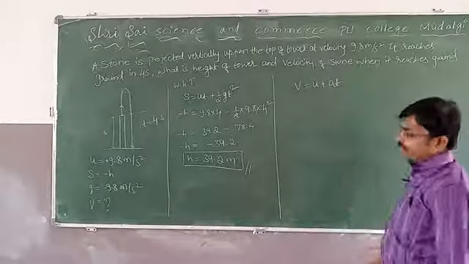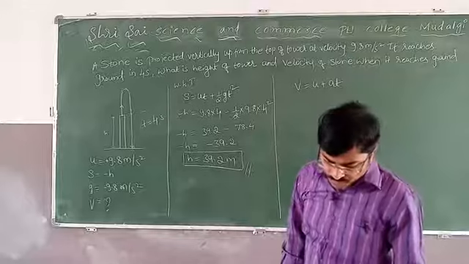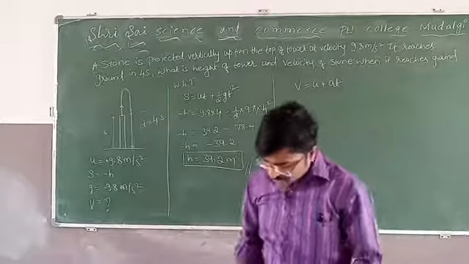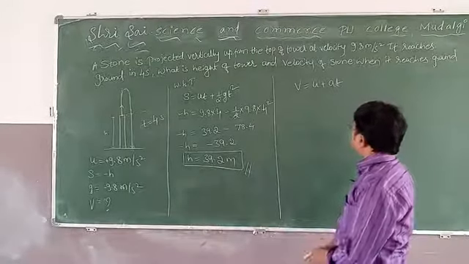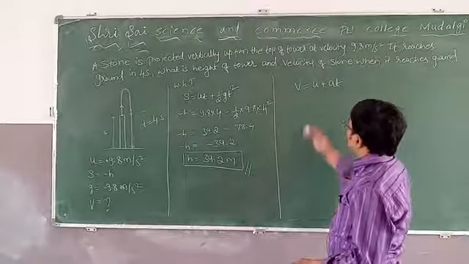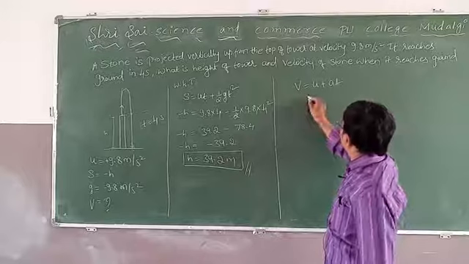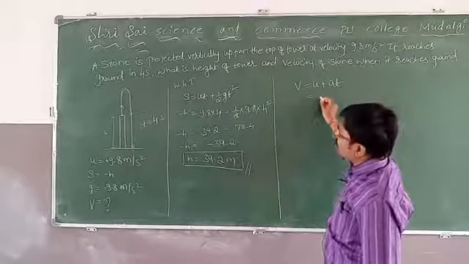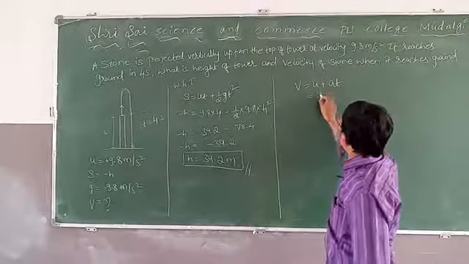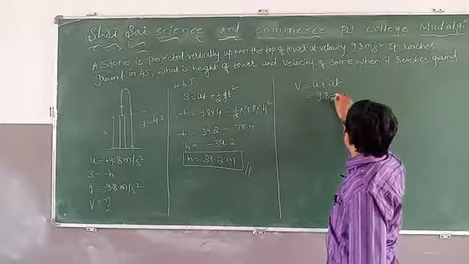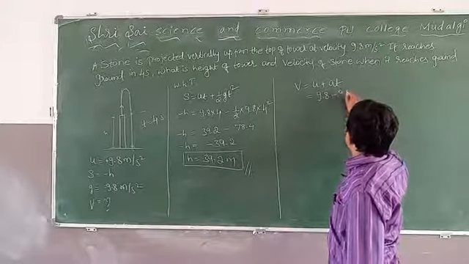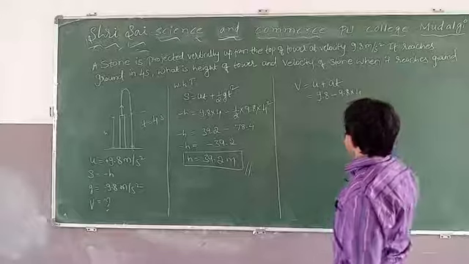See, what is the v value required? u is how much? 9.8 plus 9.8 minus 9.8 into t.